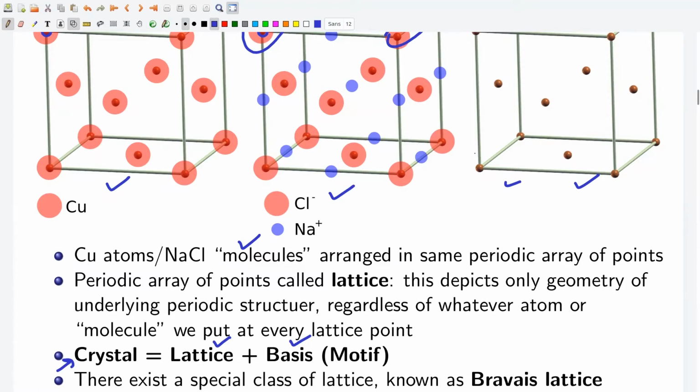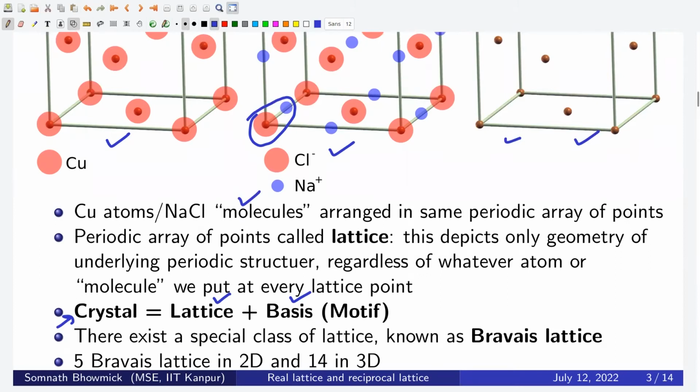That means at each imaginary lattice point, we put a copper atom, and that gives me the copper crystal. If we want to build the sodium chloride crystal, in place of every lattice point we put a sodium and chlorine ion pair like this, and that is the basis. In the case of sodium chloride, the basis is a pair of ions, sodium and chlorine. That is how you get a crystal.